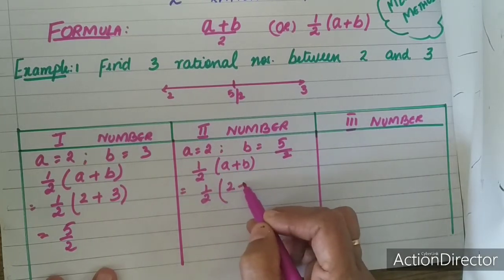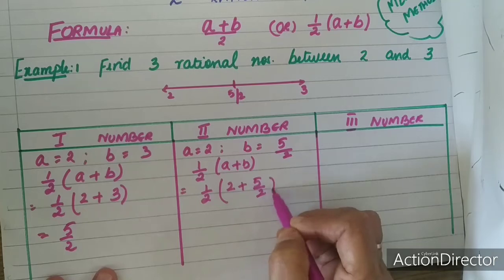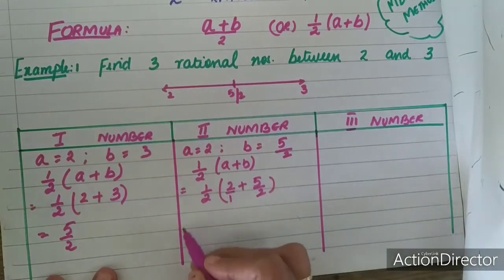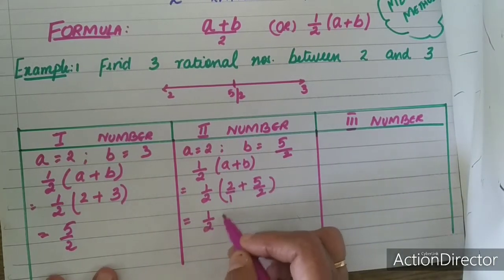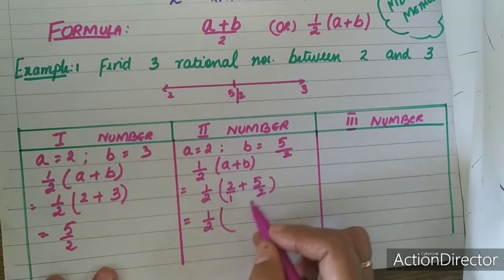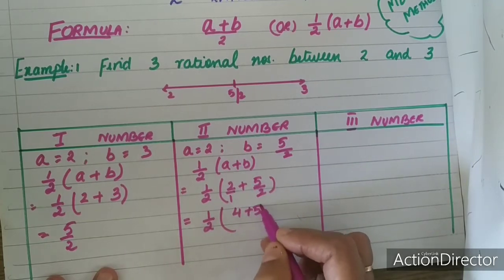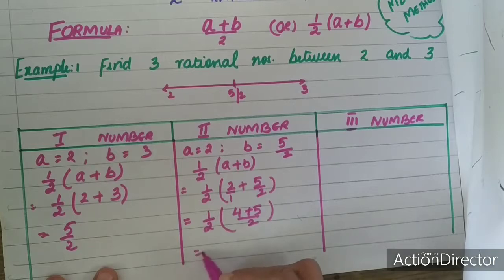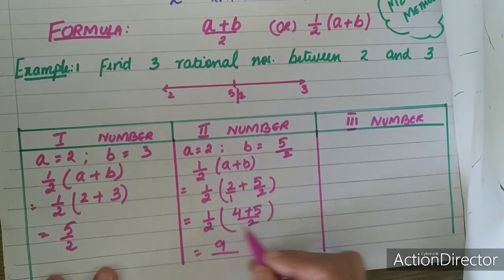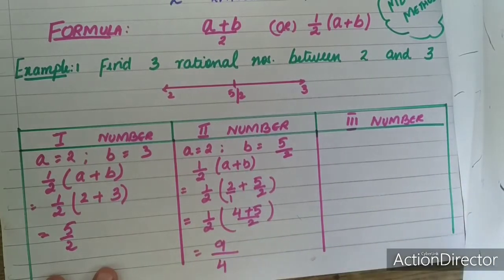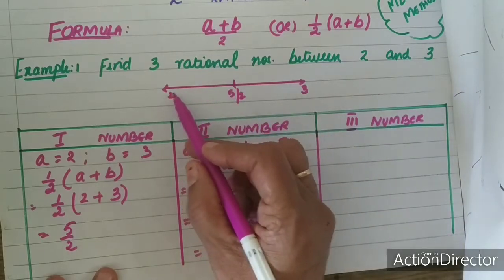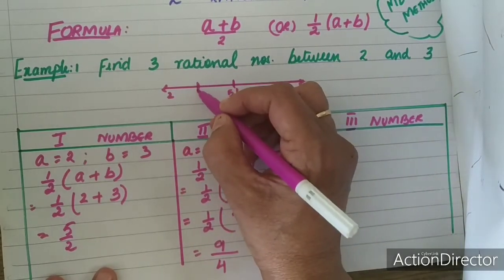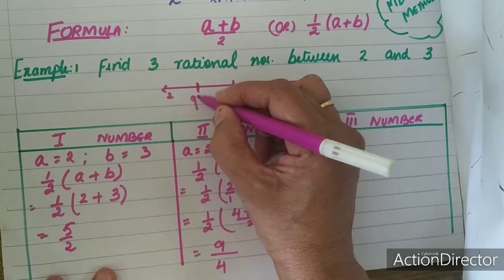A is 2, B is 5 upon 2. This 2 can be written as 2 upon 1. This is equal to half of 2 twos are 4 plus 5 upon 2. This is equal to 9 upon 2 into 2 is 4. So my second number, which lies between 2 and 5 by 2, is equal to 9 upon 4.